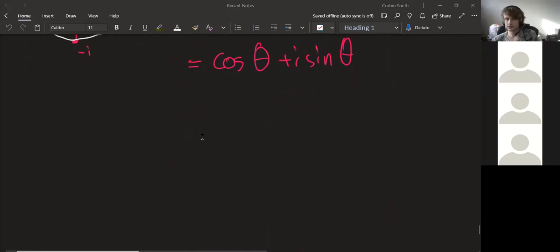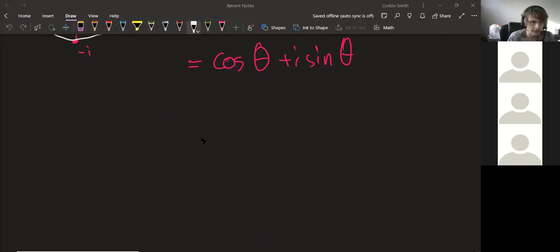Okay, so I'm going to do the same exercise for hyperbolic sine and cosine, so that we can refresh ourselves on this method. And then there's one particular feature of hyperbolic cosine that I want to focus in on.